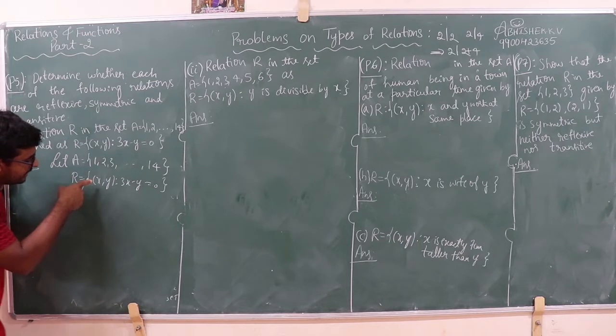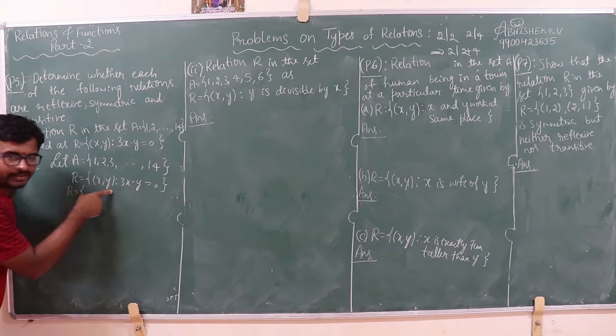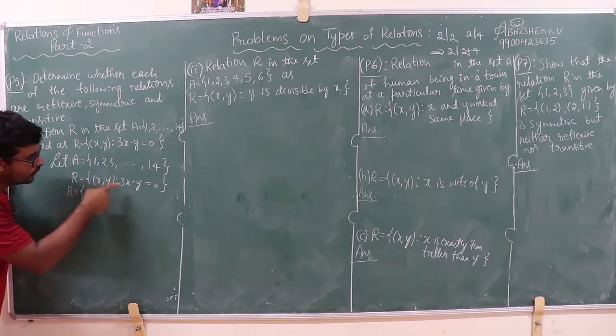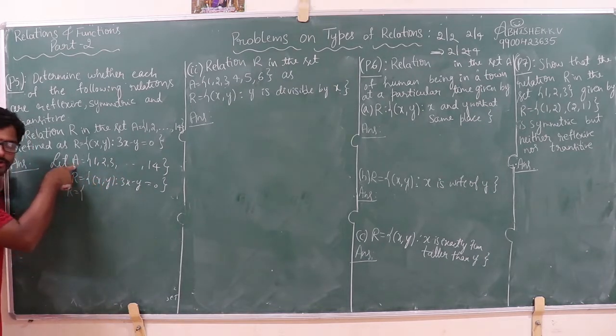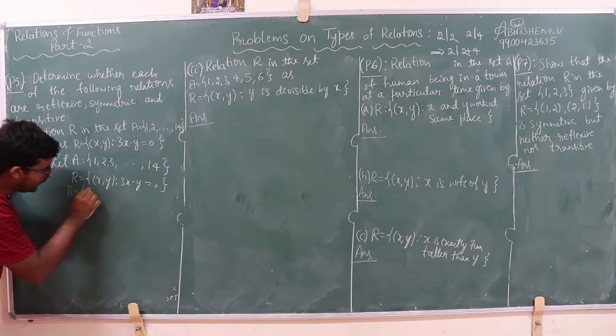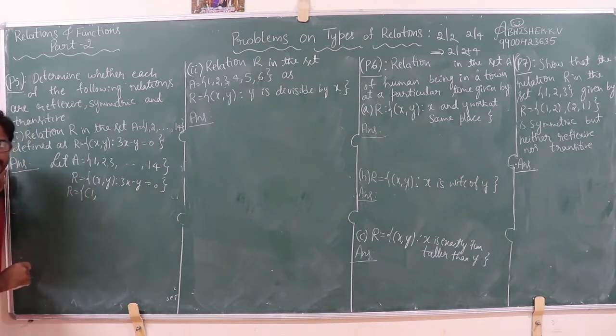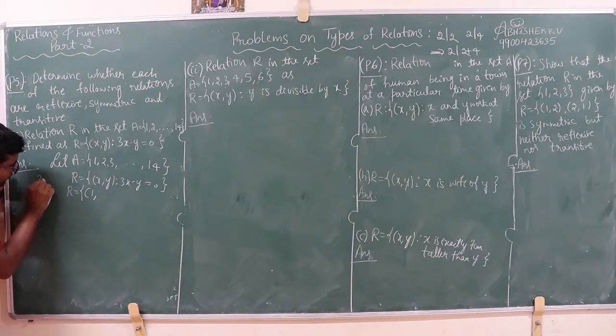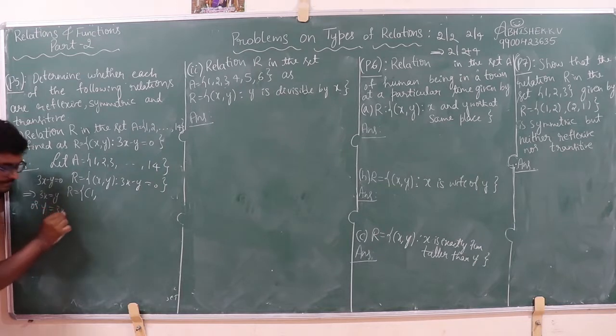How? See, according to this ordered pair, x becomes first, y becomes next, for all (x, y) belonging to the set A. If you take x is equal to 1, what is y? This can be found by using the given property. If 3x minus y is equal to 0, this implies 3x is equal to y, or y is equal to 3x.